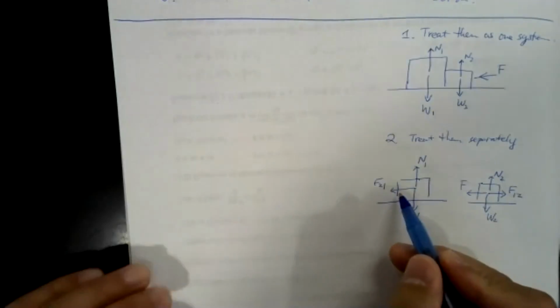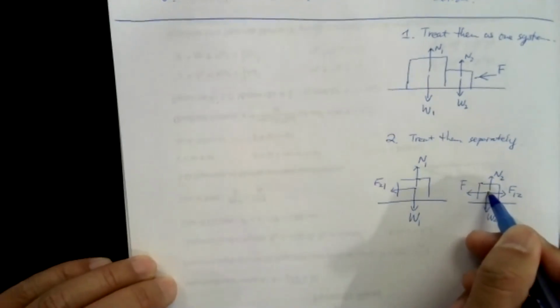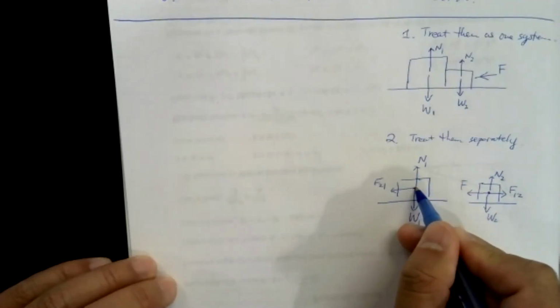So you can see that when you treat them as one system, you do not include the internal forces. When you treat them separately, then the internal forces show up as external forces on each of the objects there.